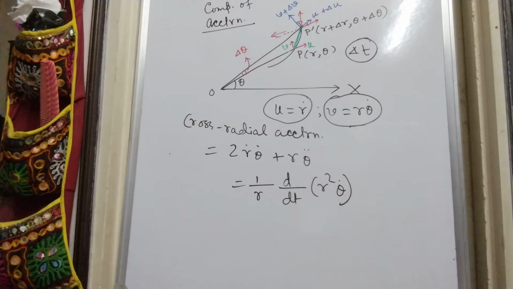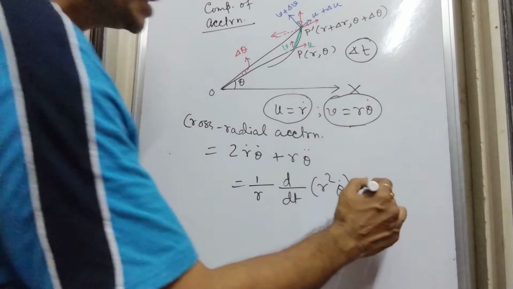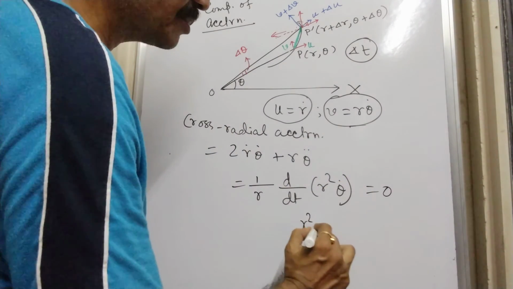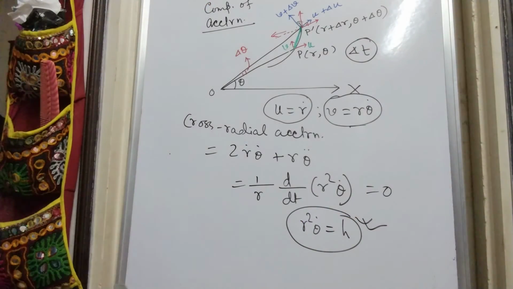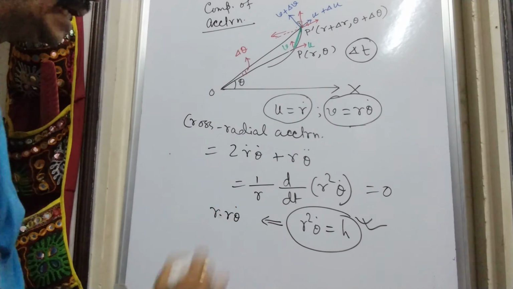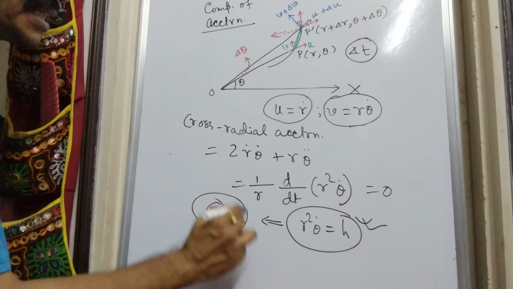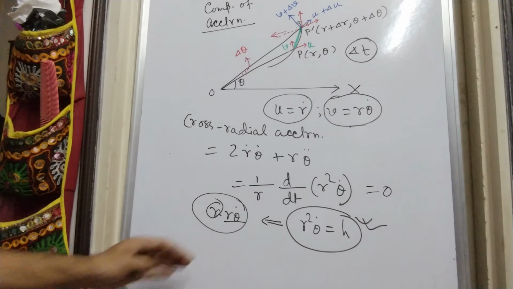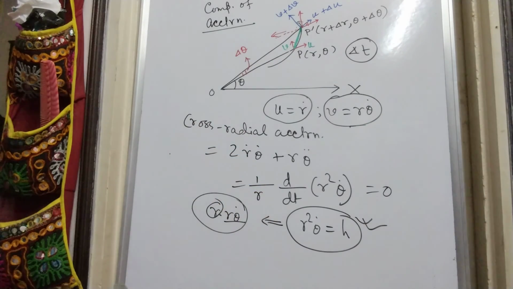As I said, Kepler used this cross radial acceleration to establish planetary laws, and in case of central force we have cross radial acceleration to be 0, so that this r square theta dot term comes out to be a constant of motion, which is actually angular momentum. R square theta dot is nothing but r into r theta dot, and since r theta dot is the cross radial velocity and r is the radius vector, this is the angular momentum and it is conserved. So we express cross radial acceleration this way.